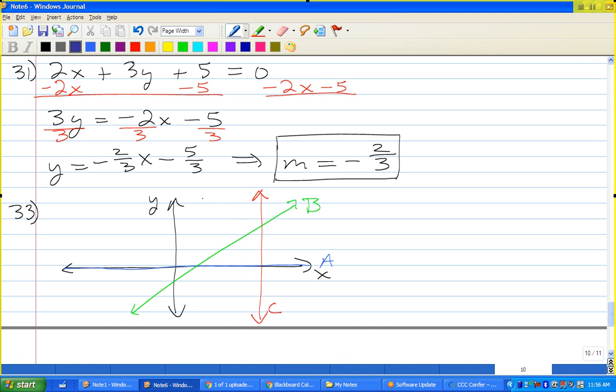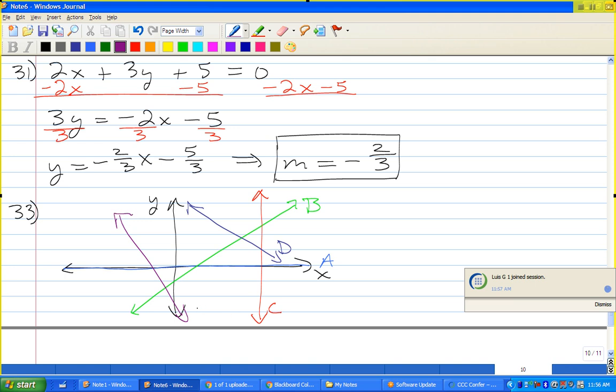Okay, it's indigo, and it looks like this. Okay, that's D, and E, bet you it's that. So this is E. Okay, so those are all the different colored lines.